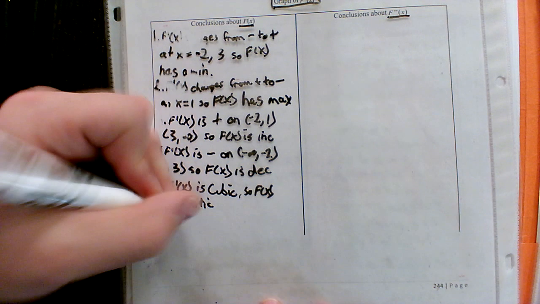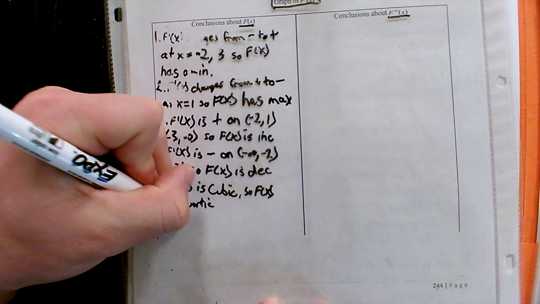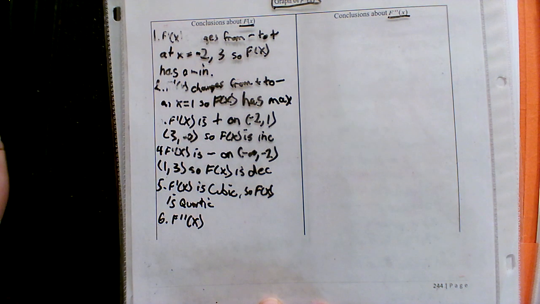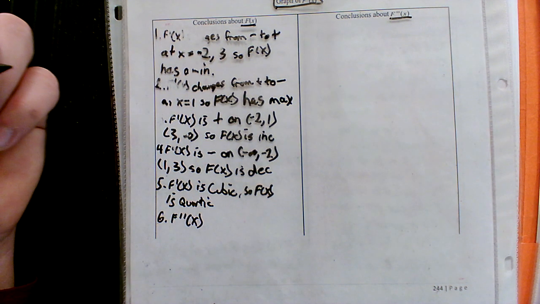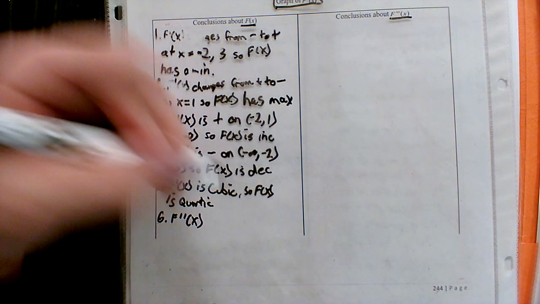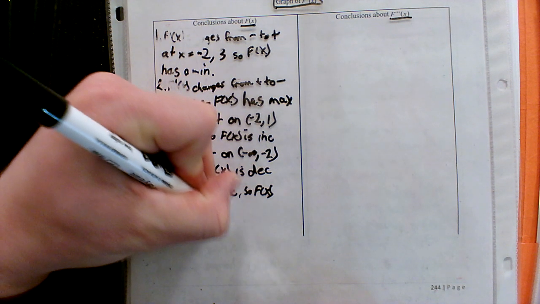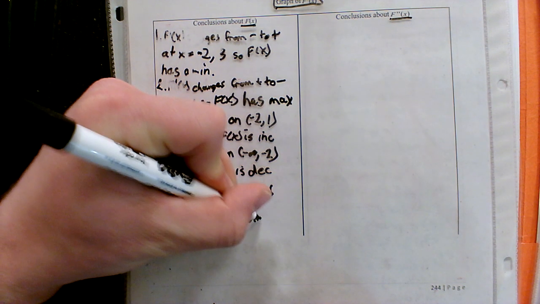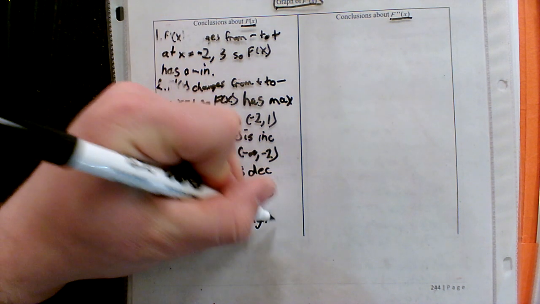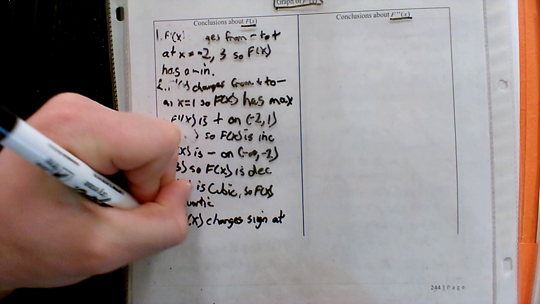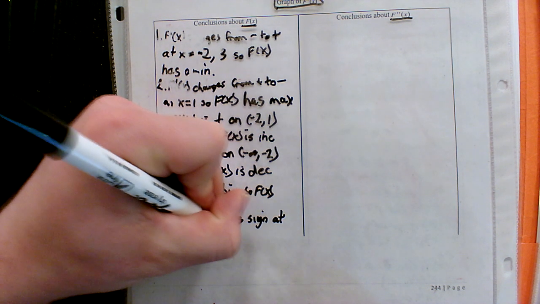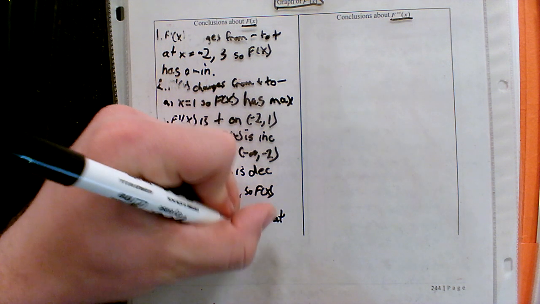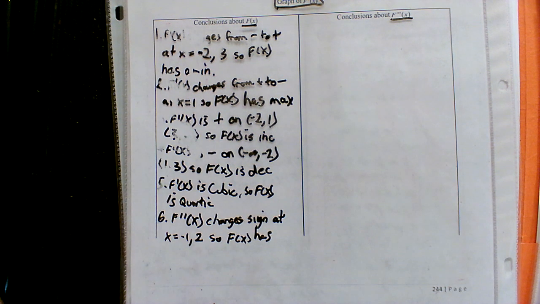All right, number 6. The second derivative, f double prime of x, changes sign at x equals negative 1 and 2. So f of x has what?